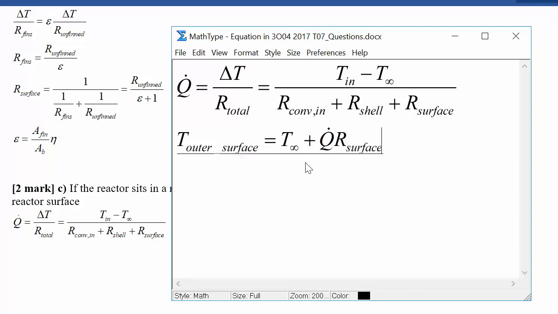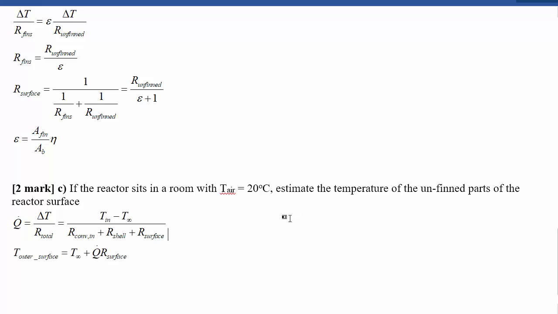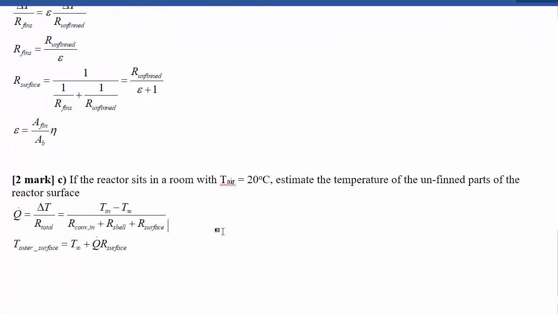So this would be kind of going back in, saying the temperature drop across the surface would be the rate of heat flow through it multiplied by its surface resistance. So then we'd go back from the outer surface inside in order to figure out what the temperature at the outer surface is. Okay, so that's that. Now we can get to calculating.